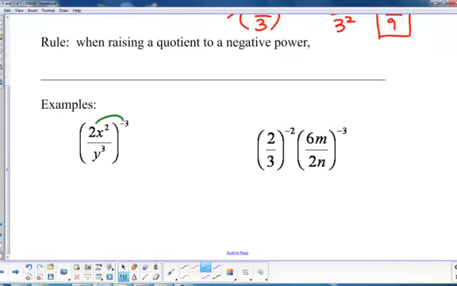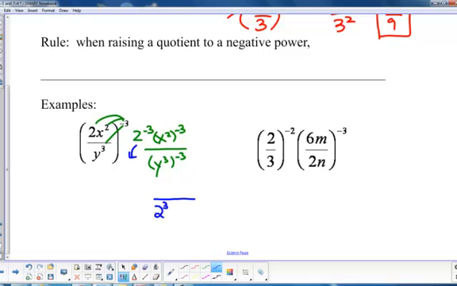All right, bam to everything. So 2 to the negative 3, x to the 2 to the negative 3, and y to the 3 to the negative 3. So 2 to the negative 3, we would move to the denominator and make it 2 to the positive 3.